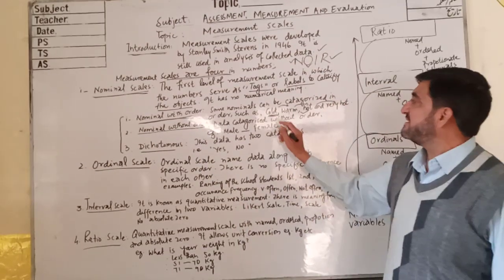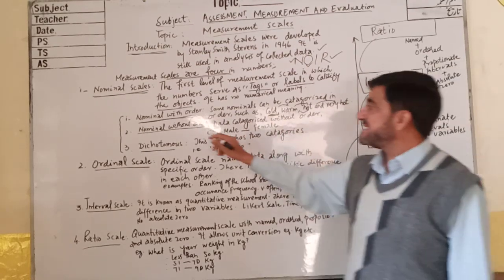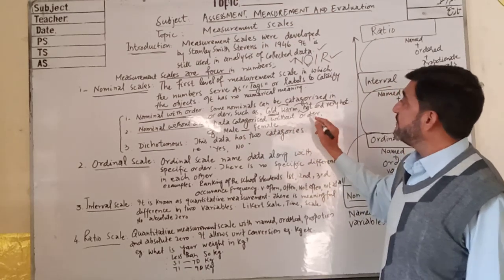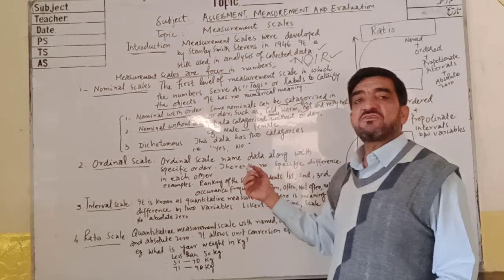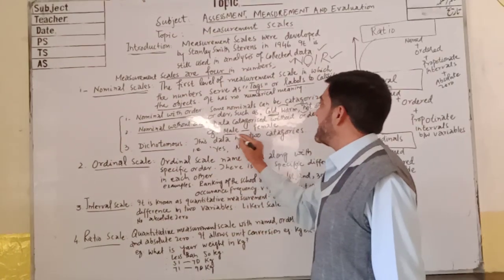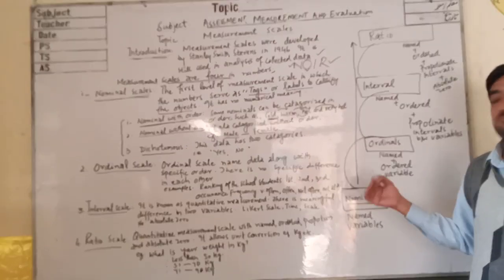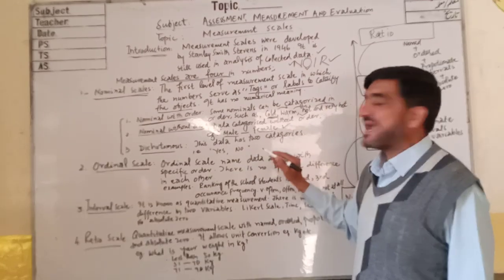Then nominal without order. In nominal with order there was an order, but in nominal without order the data is categorized without order. Without order means that there is no difference, there is no order. For example, male and female. There is no order because male is something else and female is something else.